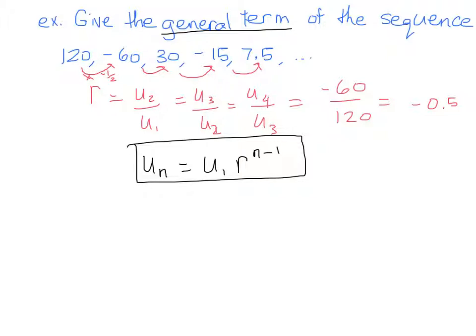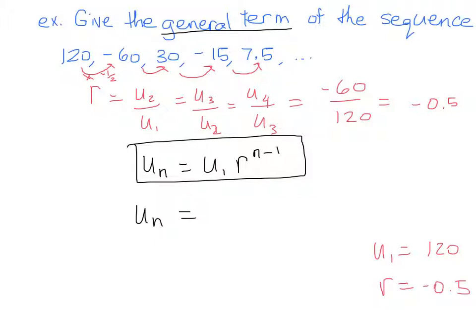Since it is general, un and n stay as un and n. But we do know the first term. The first term, let's put it off to the side, u1, the first term is 120, and we just figured out that r is negative 0.5.